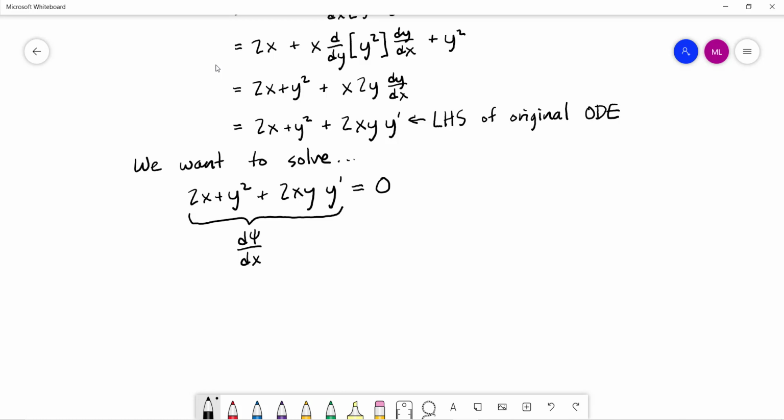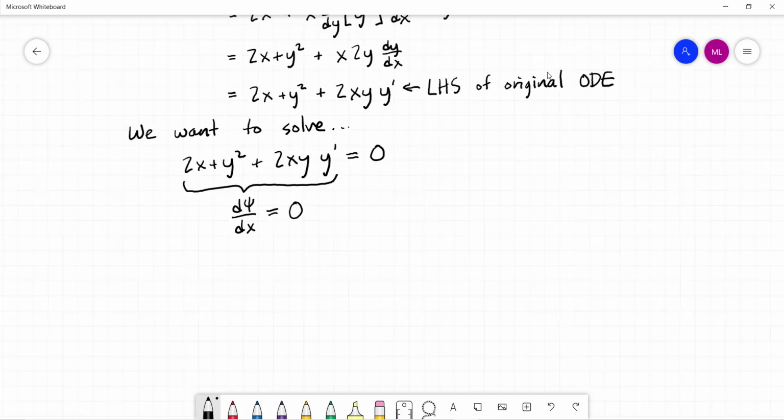So if we can figure out the psi for which this is true, and again, in the case that we just did, it was just given to us, but we'll talk about how we can figure out what psi is in a minute. All we have is a simple differential equation that looks like this. d psi dx equals 0. How would you solve that?